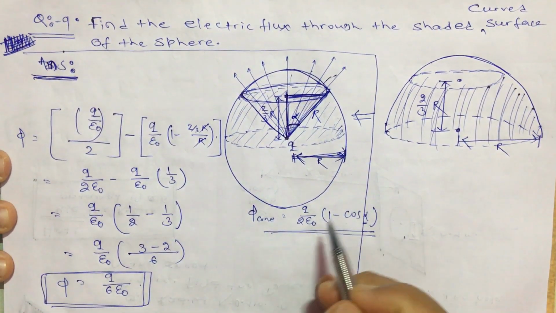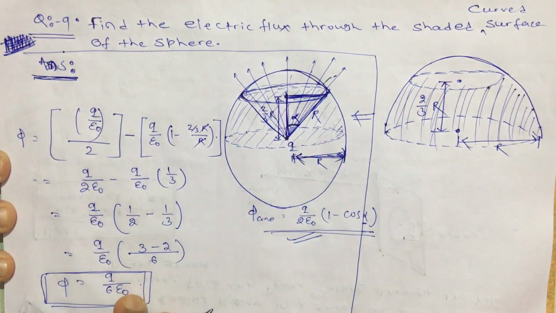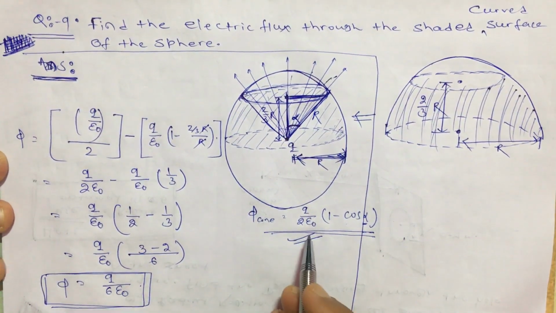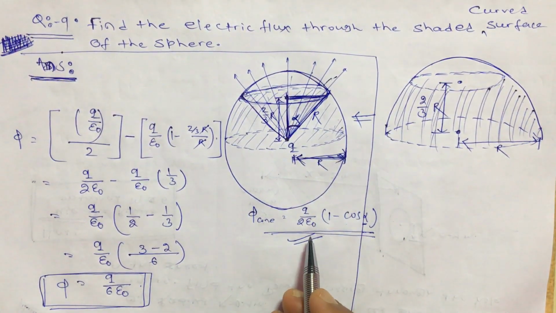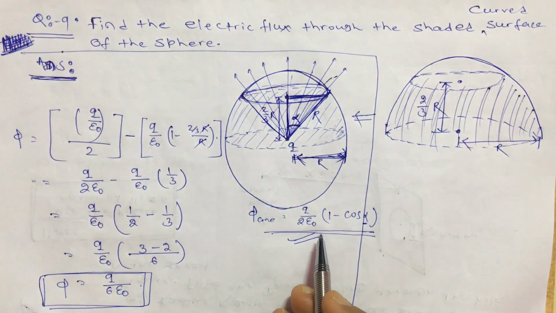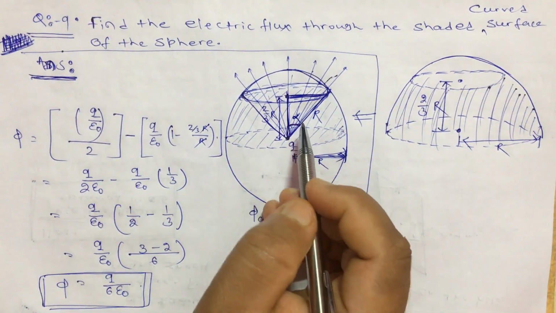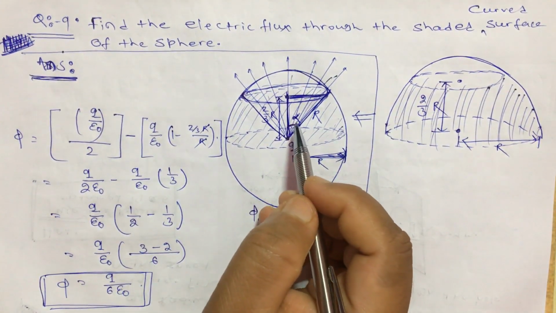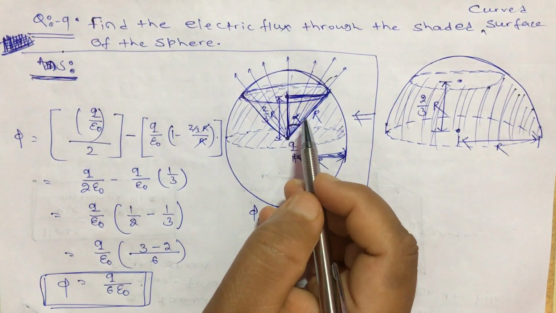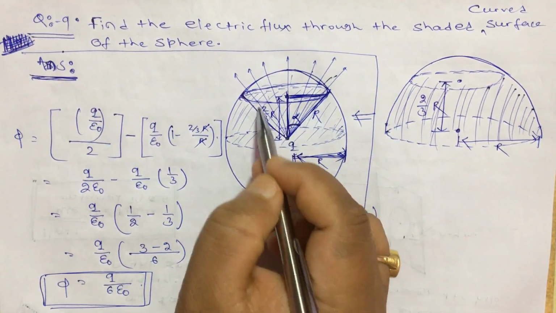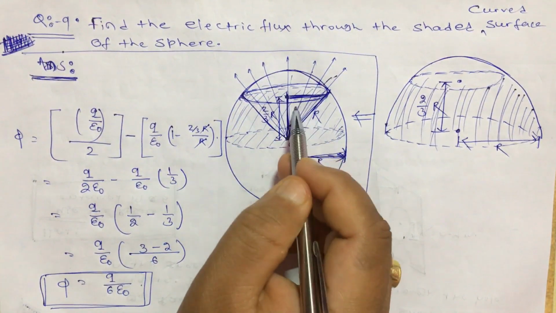If you know this formula, then this is a very direct question, and this result we got from the last two questions itself. You have to imagine where this cone comes from, and why we have taken the flux through the cone.